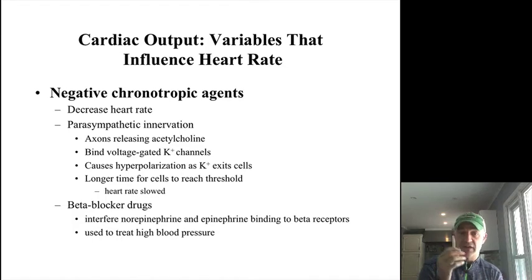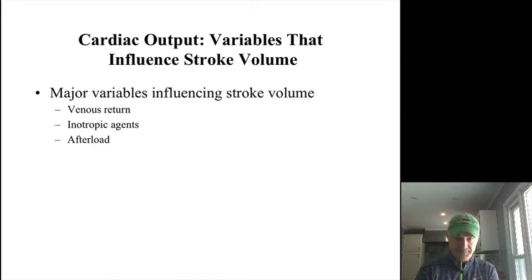As I mentioned, any drug that blocks that positive chronotropic signaling pathway, like a beta blocker, is also a negative chronotropic agent. Beta blockers, like I said, bind up that beta-1 receptor and inhibit the effects of epinephrine and norepinephrine. They are one of the first line drugs that deal with blood pressure.